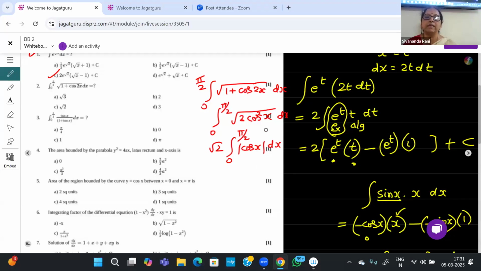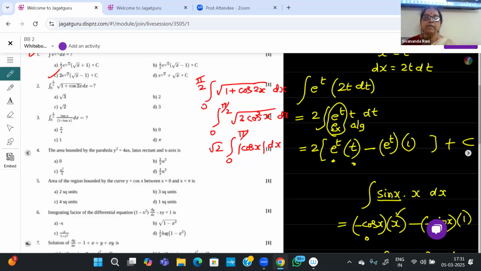Can you remember this? Of course, in this case, it doesn't make any difference. 0 to pi by 2, cos x by default is positive there. But had the limit been 0 to pi, your cos x will be affected. From 0 to pi by 2, it will be positive. From pi by 2 to pi, it will be negative.